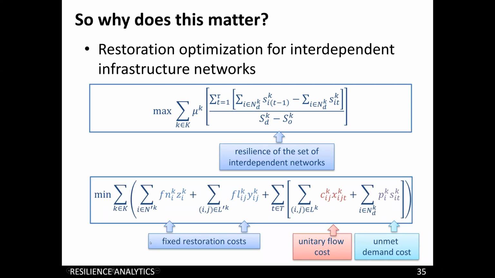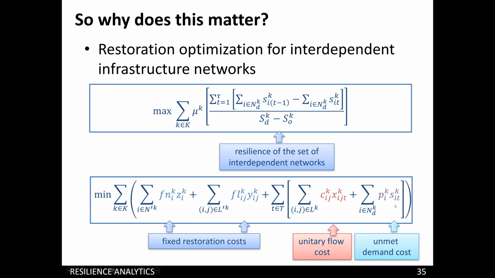So what makes up the cost here? Well, there's some fixed costs associated with restoring nodes and links in the network. There's some costs associated with flow. This would be a traditional max flow, min cost formulation in network optimization.